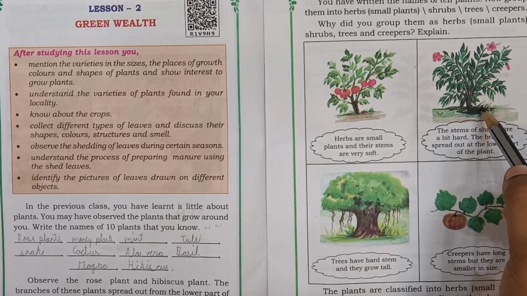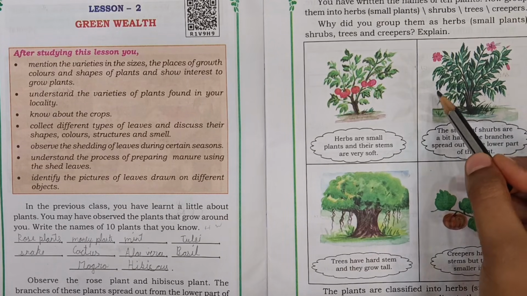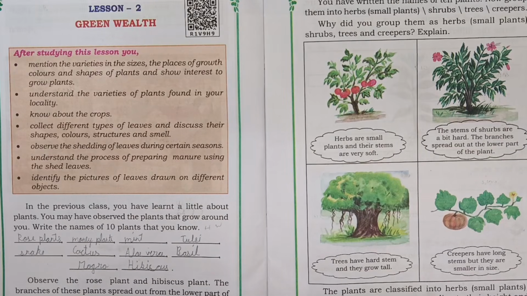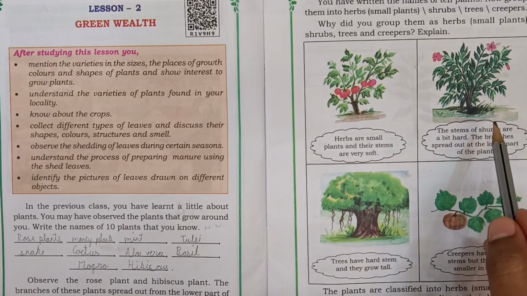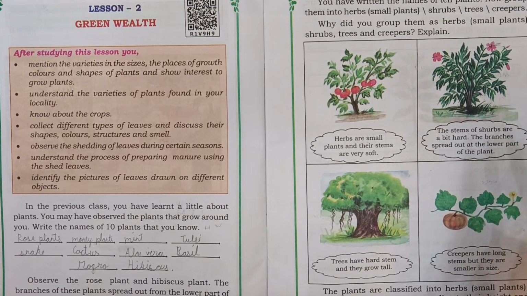Even the rose plant, children. From the bottom of the stem only they will start growing. As these plants look like clusters, they are called bushes or shrubs. Such plants, like rose plants and hibiscus plants, which start growing from the bottom, are called bushes or shrubs.